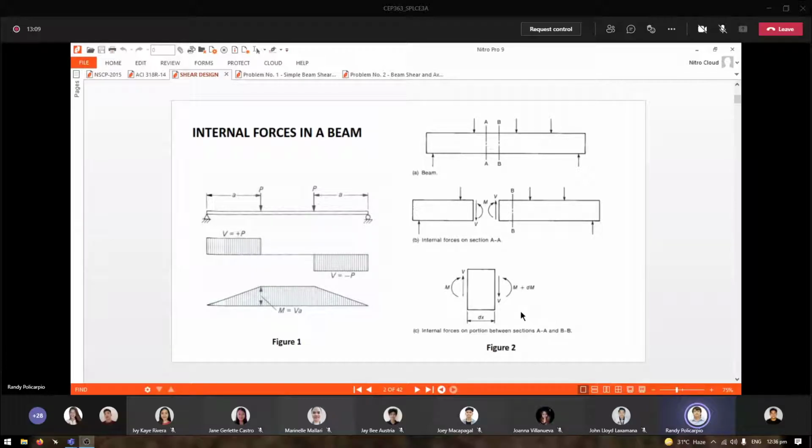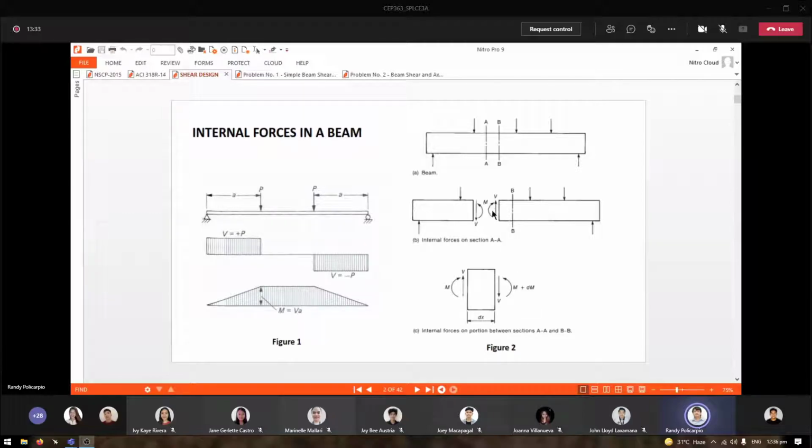In the free body diagram, they only differ in direction. Your shear on the right part will be upward, while on the left part it will be downward. Your moment also: clockwise in the right part and counterclockwise on the left part.